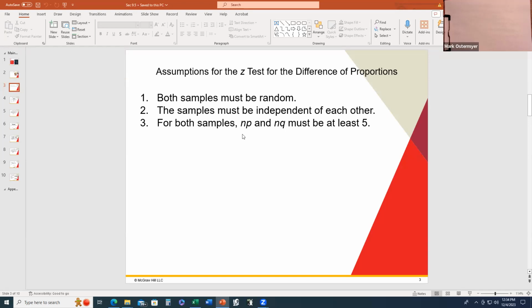And for both samples, the sample size times the population proportion p, and the sample size times the complementary proportion q, where q is always 1 minus p, must be at least 5. Okay, so those values have to be at least size 5.